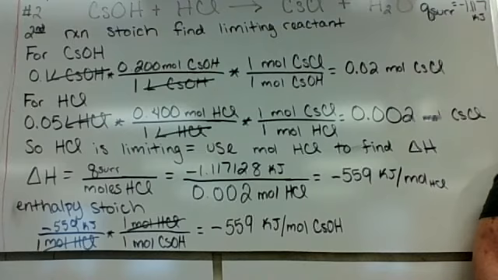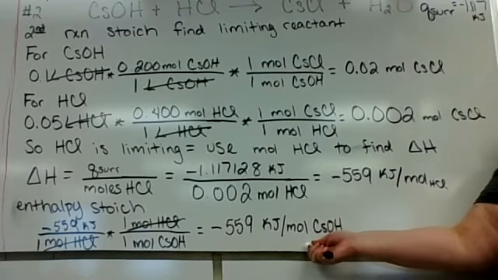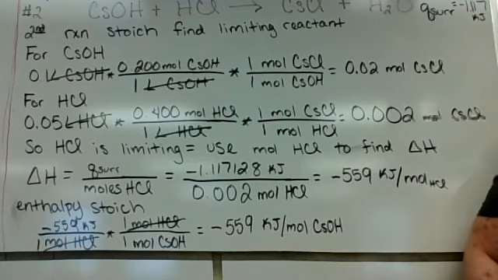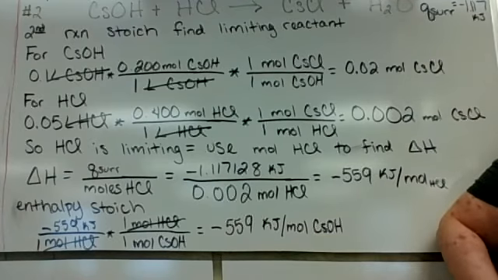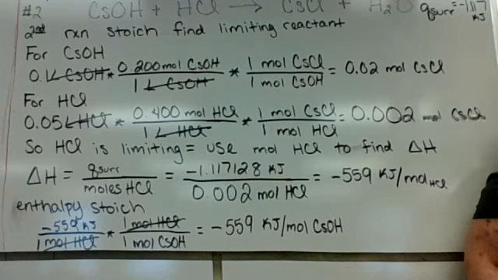Now, if you are asked for the opposite reactant, the excess reactant, all you have to do is enthalpy stoichiometry, where you use the mole ratio to find the heat given off by the other reactant.